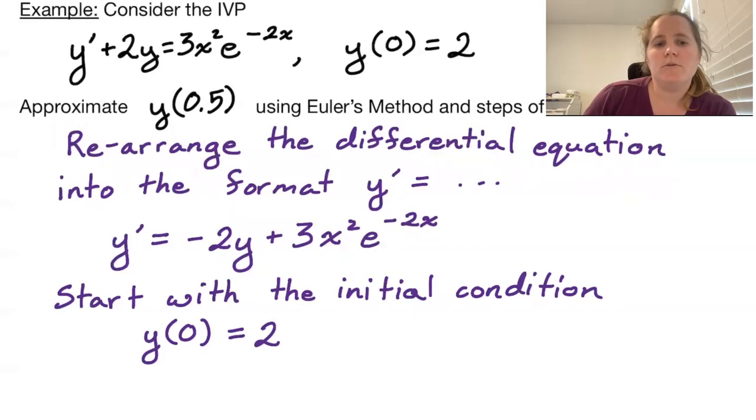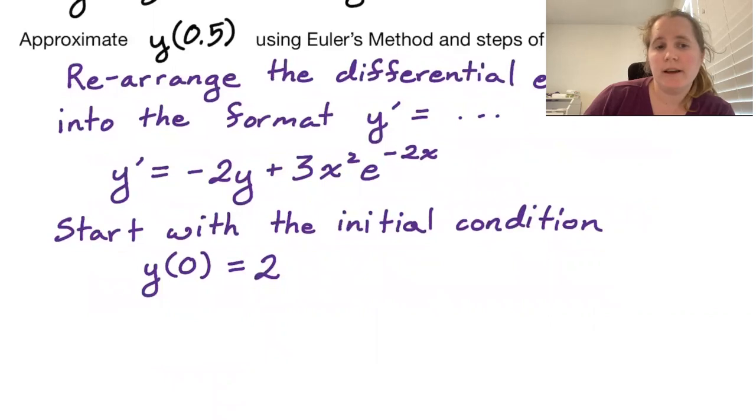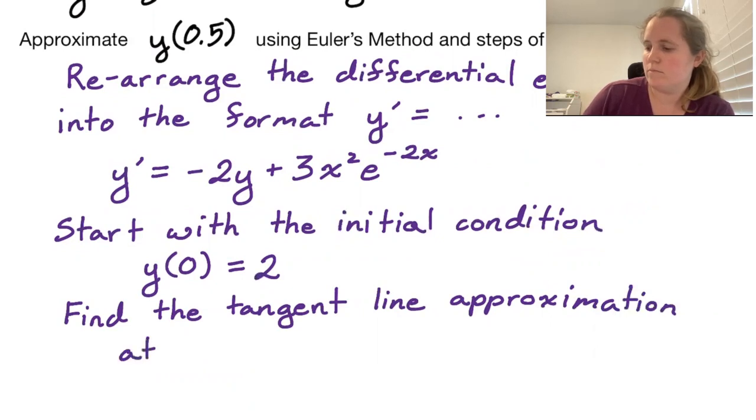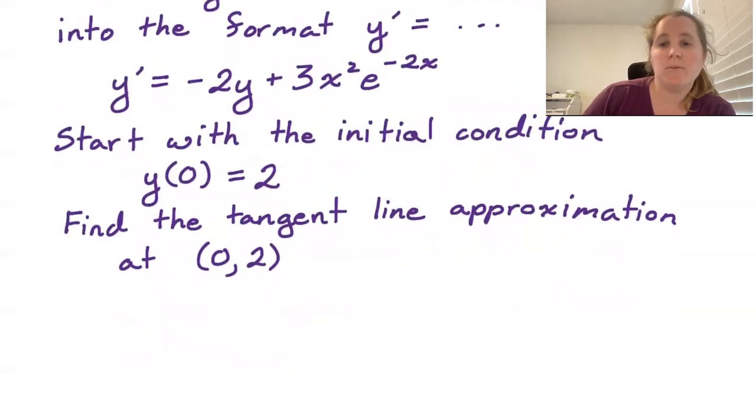Then we're going to find the tangent line approximation at the point 0, 2. So for the tangent line approximation, we need a point and a slope. So we have the point 0, 2.